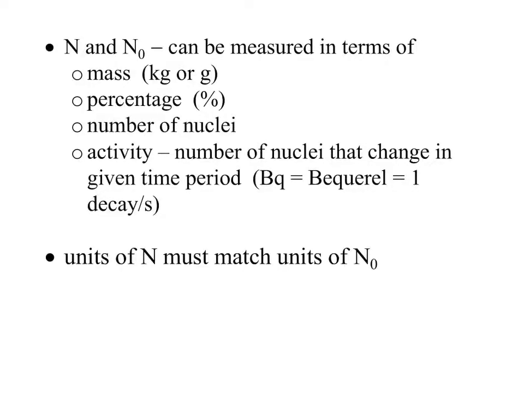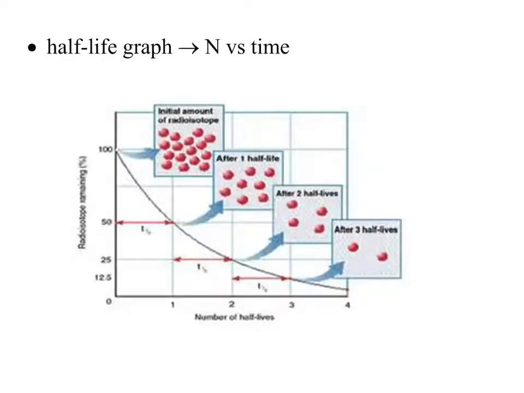So those two units just need to match. So whether they're any of these four different things, it doesn't really matter as long as they're in the same units, okay?